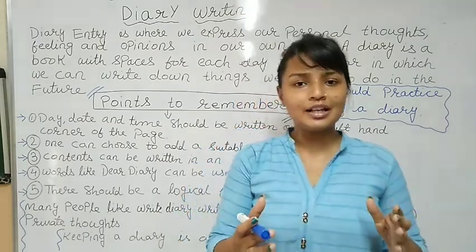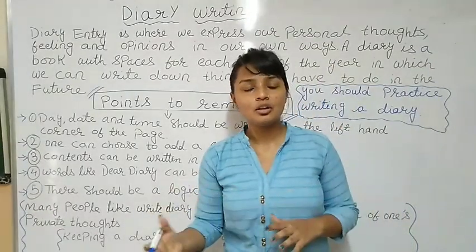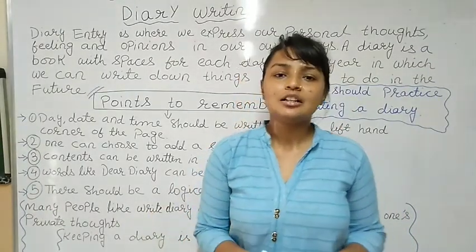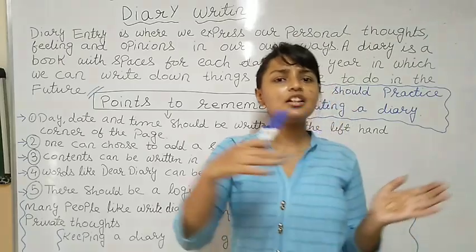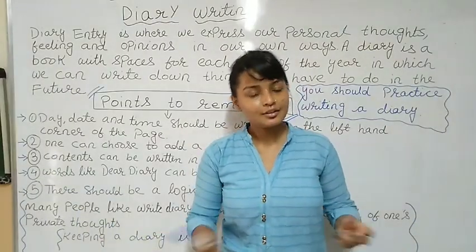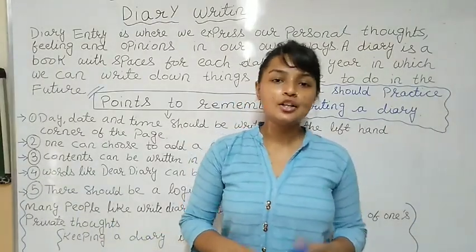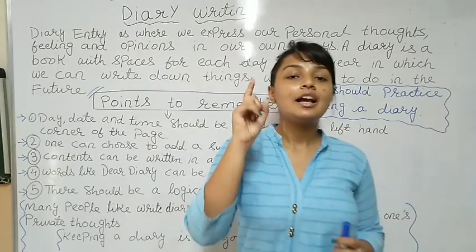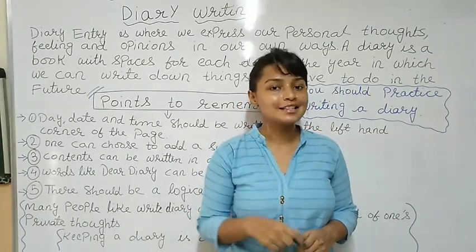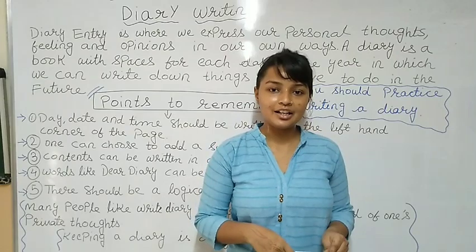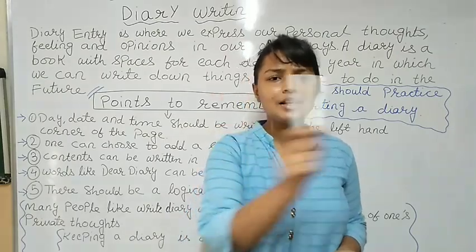And the students who already know how to write diary writing can see the long description. Okay, students? So we have to write two examples of this diary writing section. So let's do it.